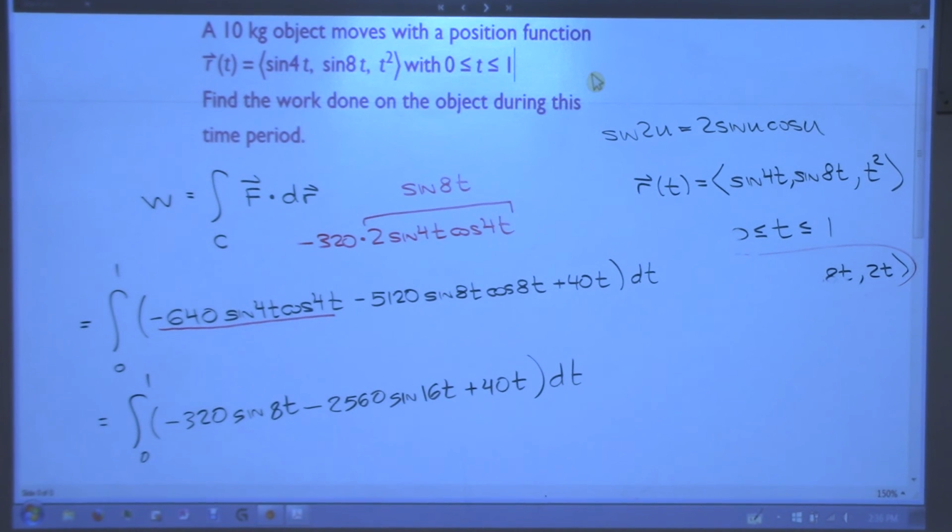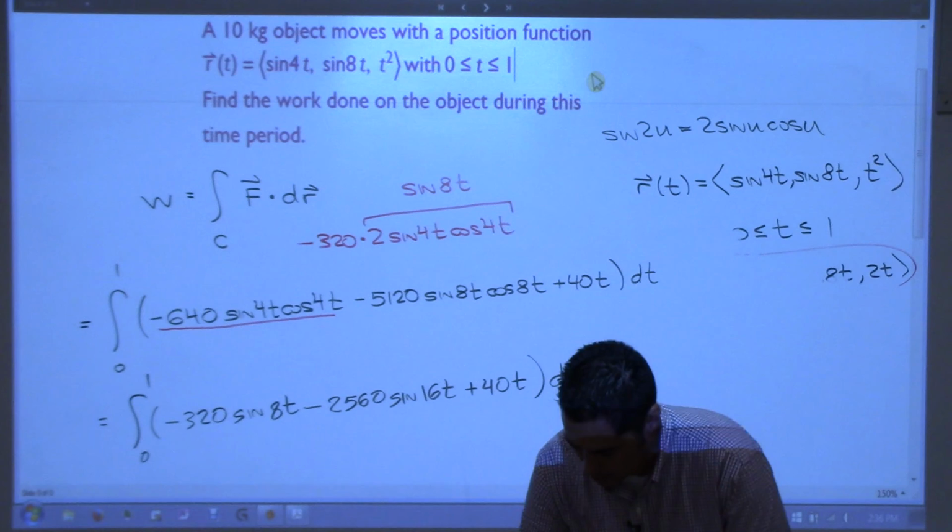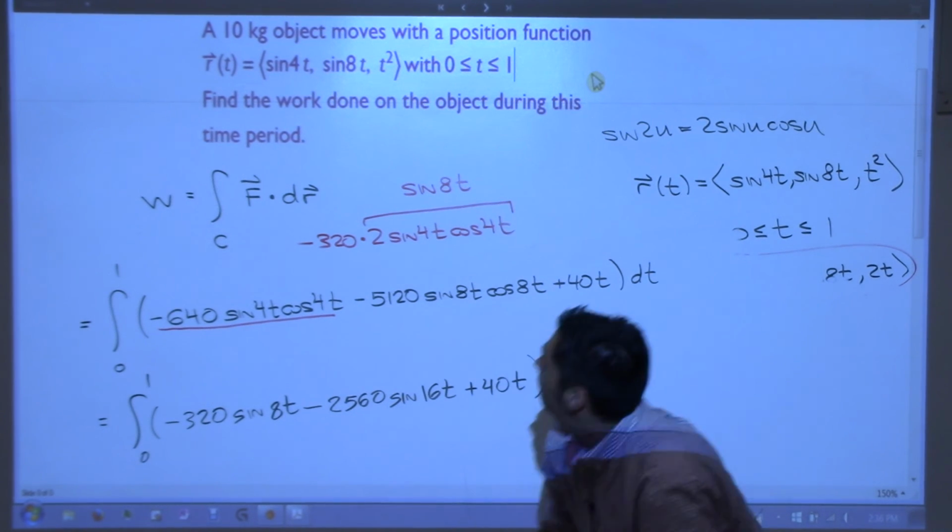So we get to integrate. Go ahead and integrate that. I'm wondering if I took this problem out of the book.